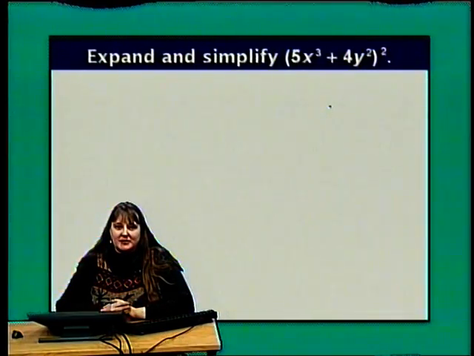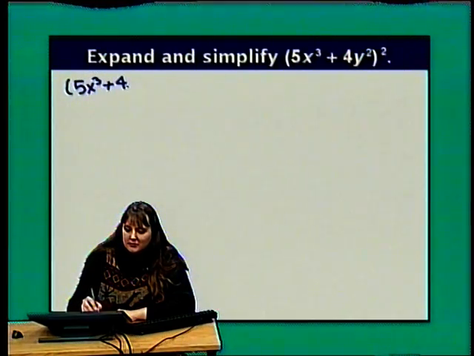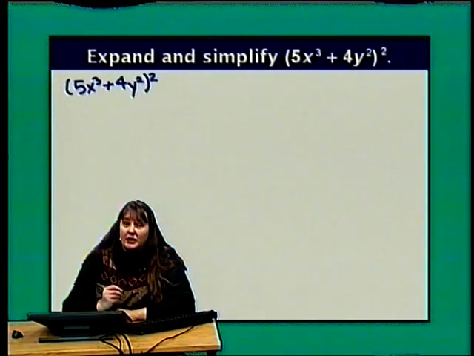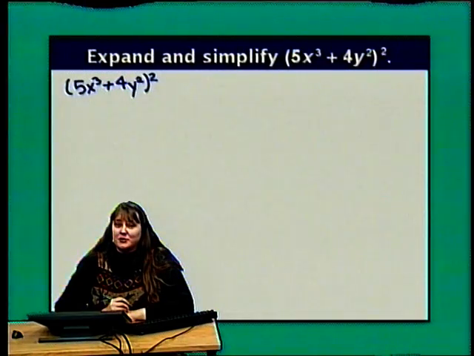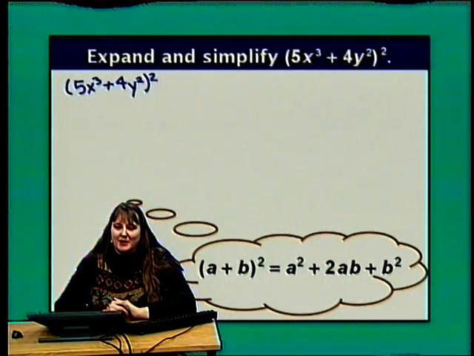Now let's expand and simplify 5x cubed plus 4y squared quantity squared. An important thing to remember here is the 2 does not distribute over the addition. Exponents never distribute over addition. Another thing to remember here is this is one of our special products.